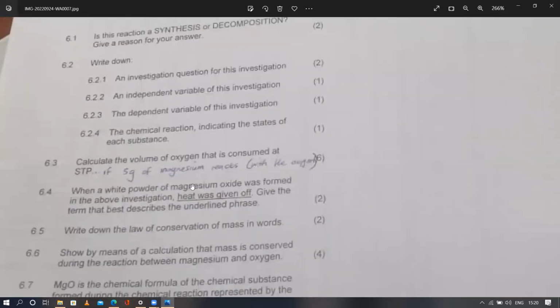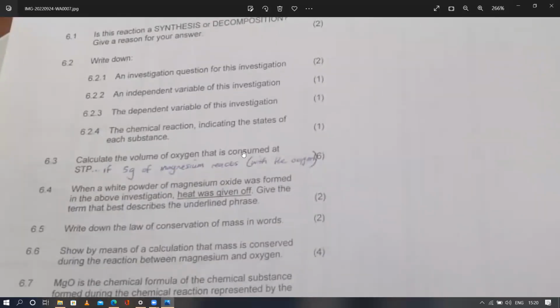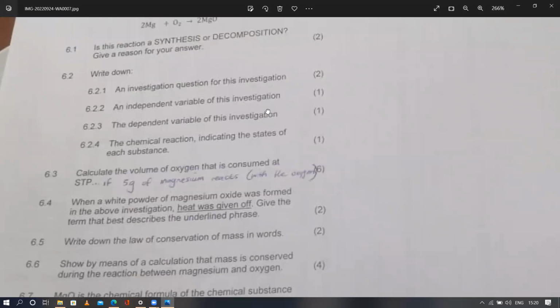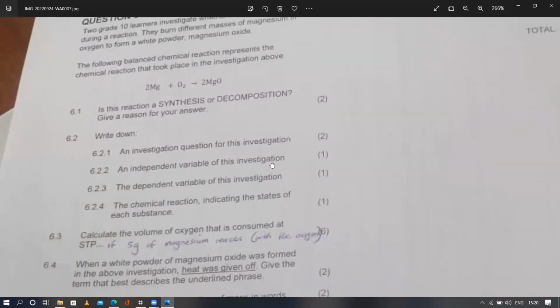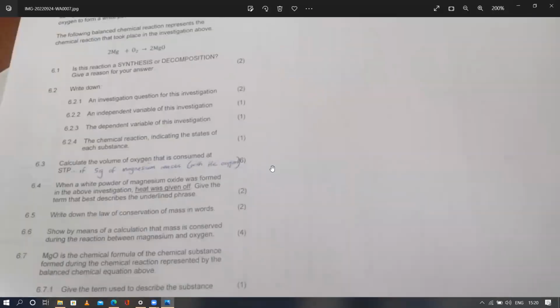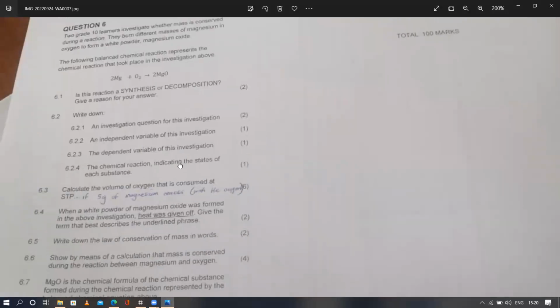So they're like, calculate the volume of oxygen that is consumed at STP if 5 grams of magnesium reacts with the excess oxygen. So now they tell you that 5 grams of the magnesium reacts with the oxygen, and they want you to calculate the volume of oxygen that is used.